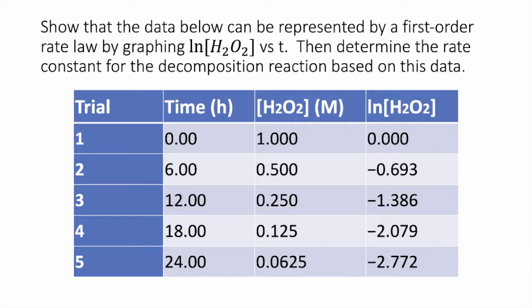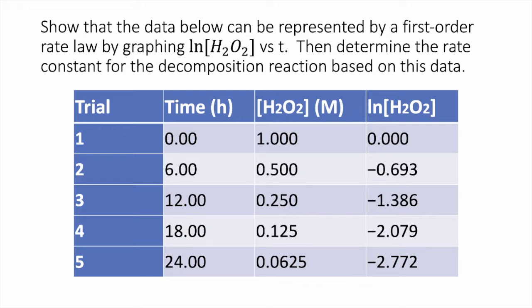Here's an example. Show that the data below can be represented by a first order rate law by graphing the natural log of the concentration of hydrogen peroxide versus time. Then determine the rate constant for the decomposition reaction based on this data.